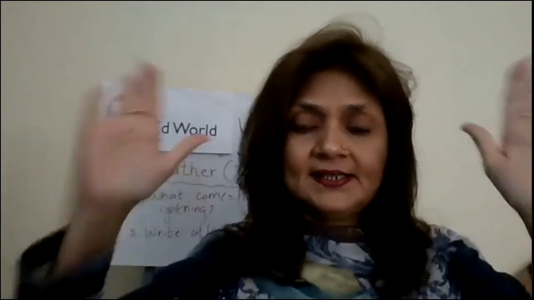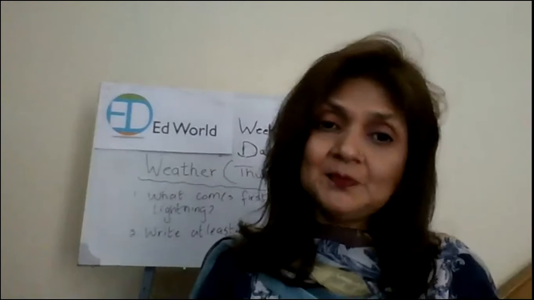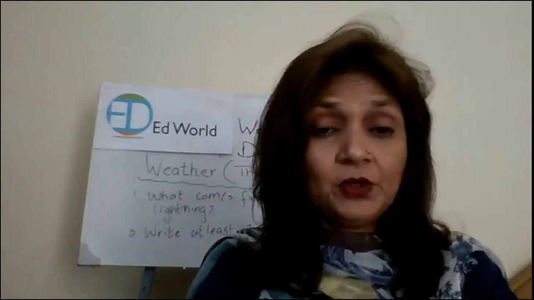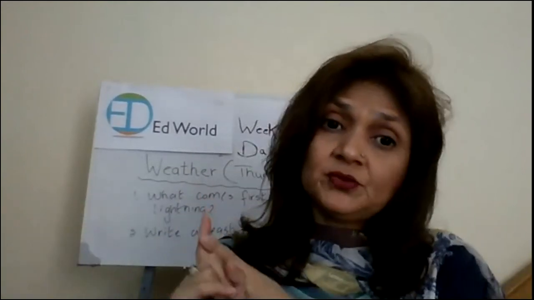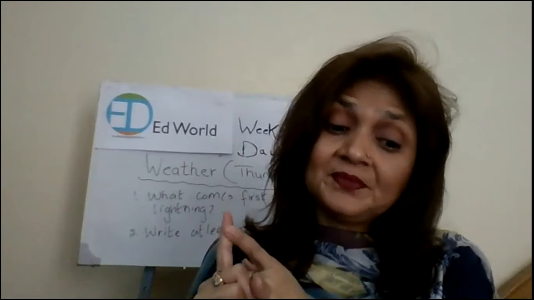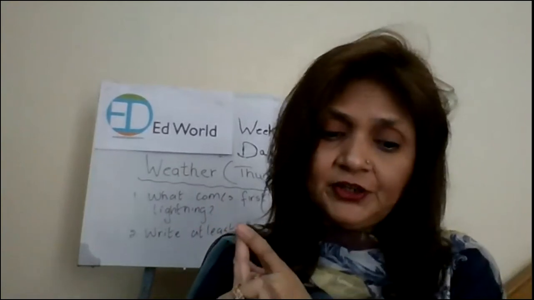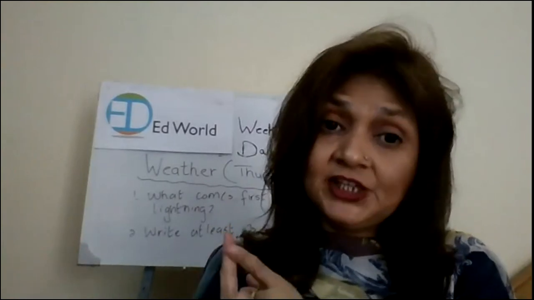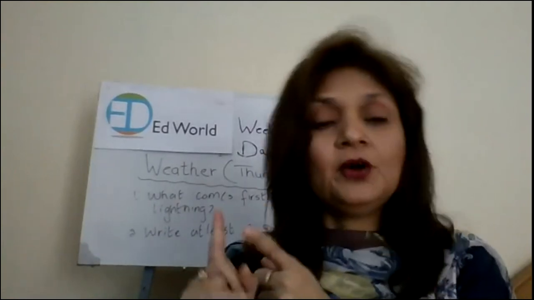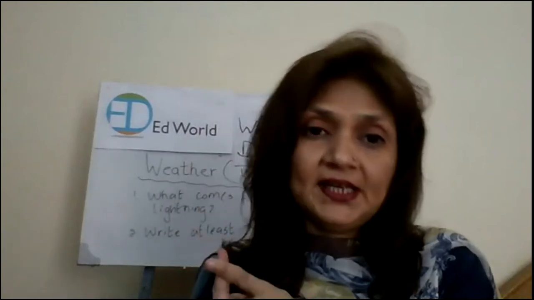All right, time is up. Raise your hands. Okay, what's the answer to the first question? What comes first? Of course, lightning comes first. Okay. What are the safety measures that you have written? Yes, come on, Sadhu, read out yours first, please. During a thunderstorm, you should find indoor shelter, or you should stay at home, stay indoors.